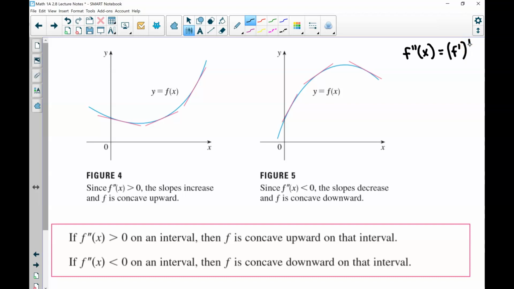So we would know that f double prime of x is positive when f prime is an increasing function.